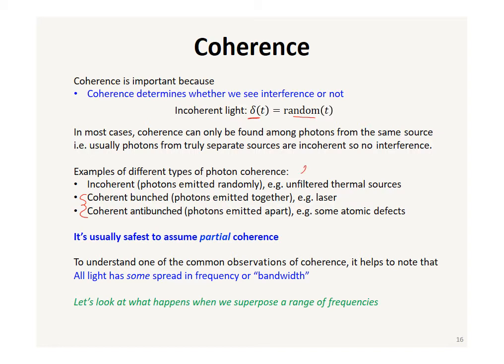Now, in the case of something like a lamp, it emits a train of waves for about 10 nanoseconds or so, and then abruptly and randomly changes phase. So if we have two lamps, then the relative phase of them is only going to be constant for about 10 nanoseconds or so. That means our interference pattern is going to be very short-lived and we won't really detect it.